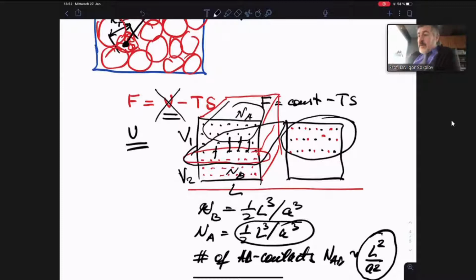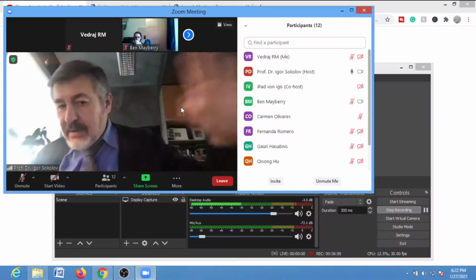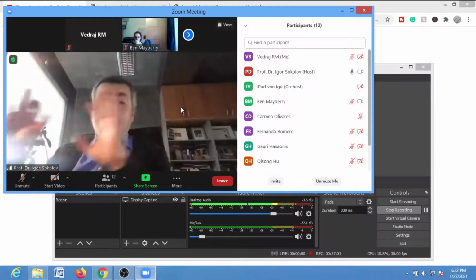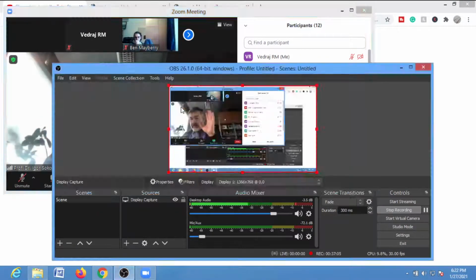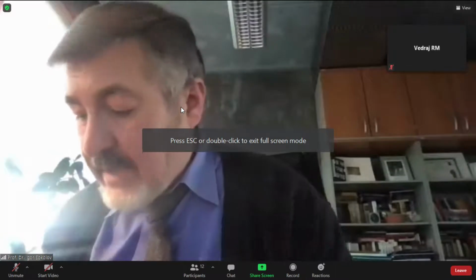And this I will always use in my further considerations, and I will compare these ordered situations, A and B separate, with the disordered configurations of A and B mixed.